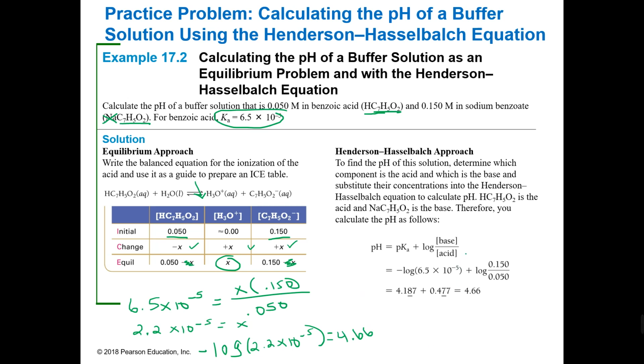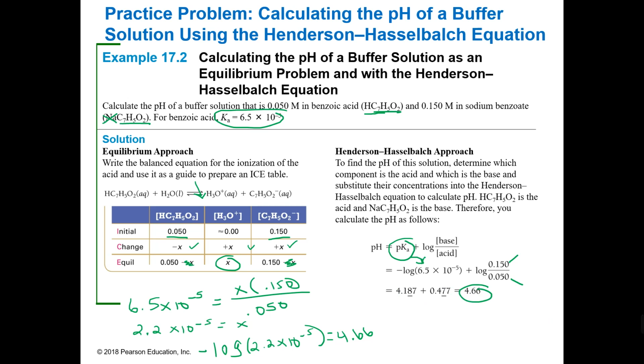Using Henderson-Hasselbalch, I'm solving for the pKa by taking the negative log of the Ka and then plus the log of the conjugate base divided by the weak acid. Add these two together, lo and behold, 4.66. The Henderson-Hasselbalch approach is honestly much more simple.